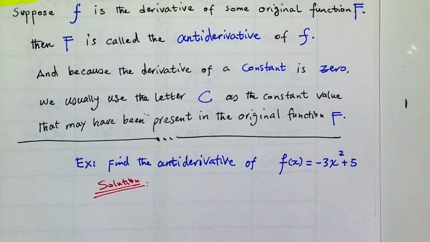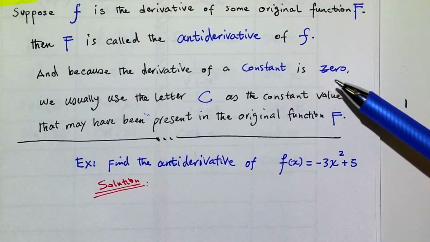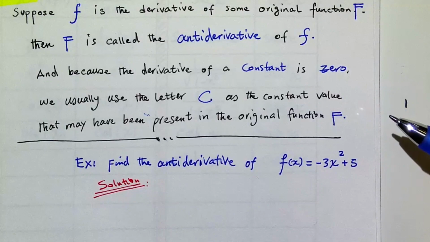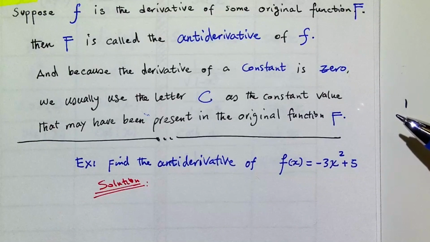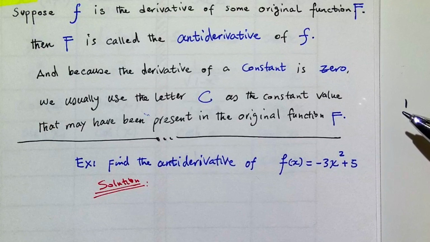But before we do that, do you remember when we took the derivative of a function, if we had a constant value, such as 2x plus 5, the derivative of that 5 would be 0, right? So for a function that was 2x plus 5, the derivative would just be 2, and we'd get 0 for that 5, the constant value.